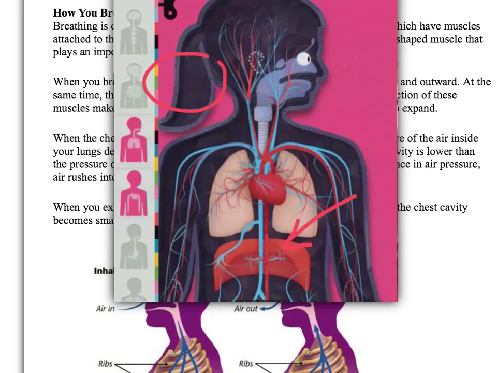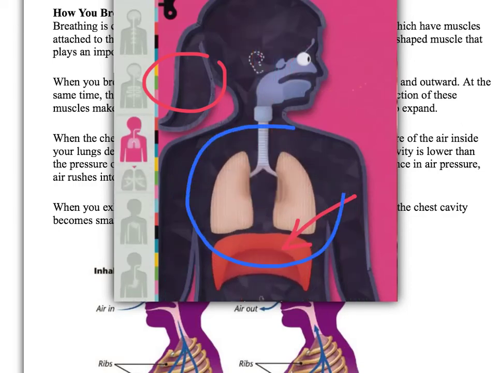Now she's running, which is why it's pumping harder, and she's breathing harder. Okay, so look at the movement of the diaphragm. It contracts, it moves down, making more space in the chest. Here we go. So it's making more space in the chest, and that way it allows air to move in.